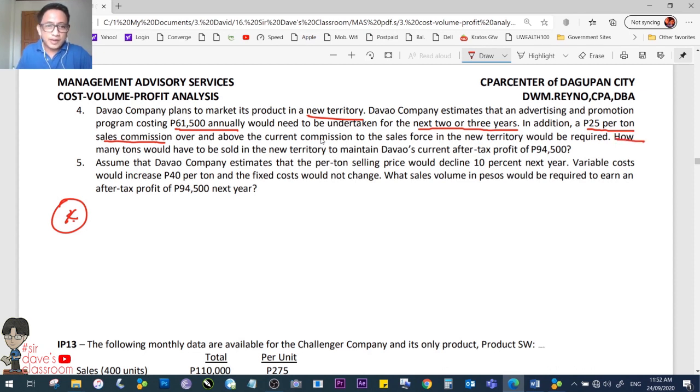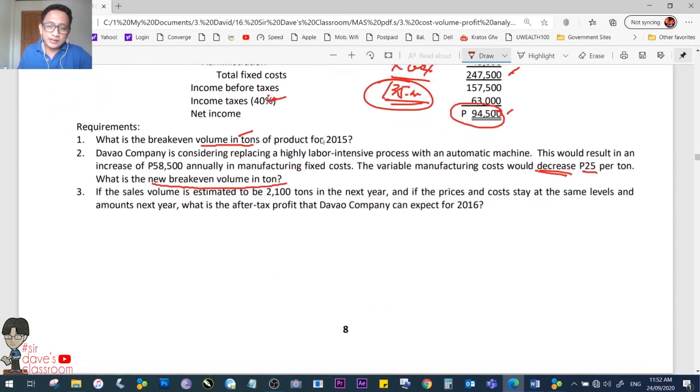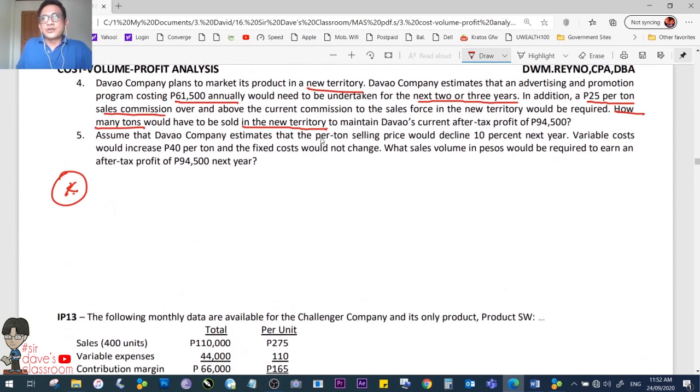Question: how many tons, how many units would have to be sold in the new territory alone, is what is being asked, to maintain the company's current after-tax profit of 94,500. So, very simple. Very logical. Common sense would dictate that to maintain means to not change.